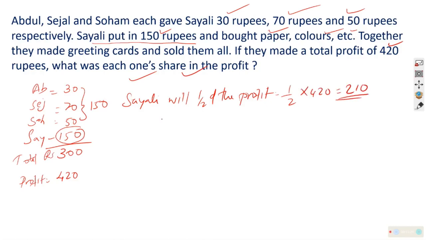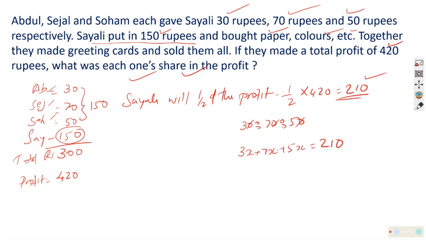The balance 210 will be divided among Abdul, Sejal and Soham in the ratio 30 is to 70 is to 50. Cancelling the 0, it is 3 is to 7 is to 5. That means 3x plus 7x plus 5x is equal to 210.